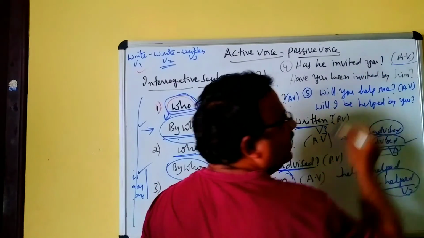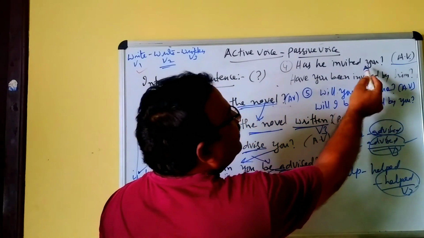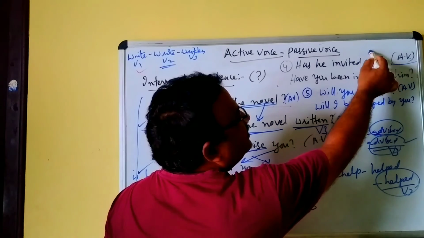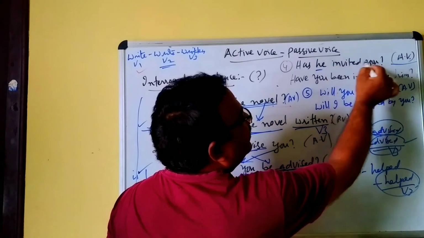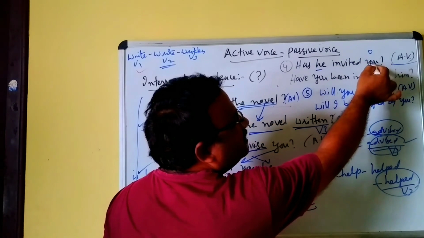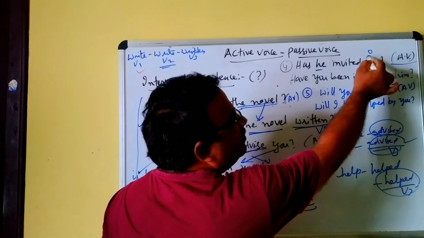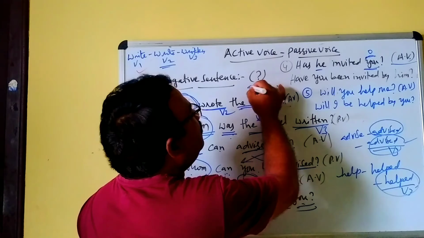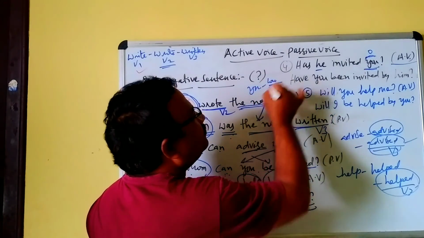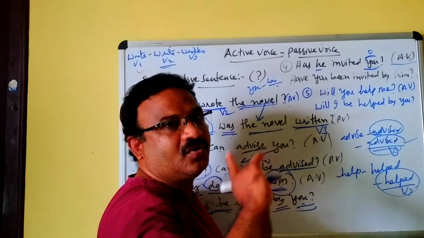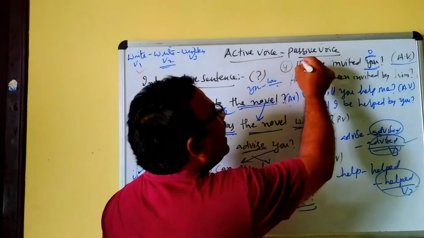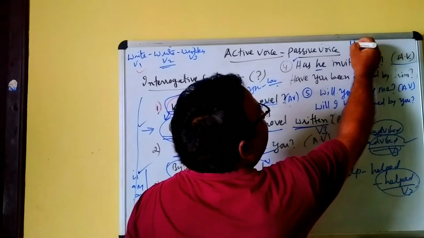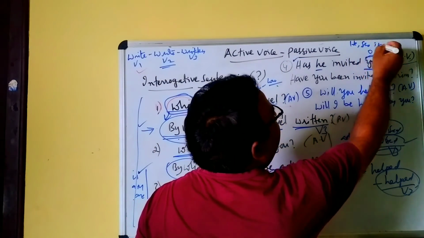Has he invited you? So here, how to change? This is in active voice. In passive voice, you is the object. So the object will become the subject. For you, we use the have form. Not has. Only has for he, she, it.